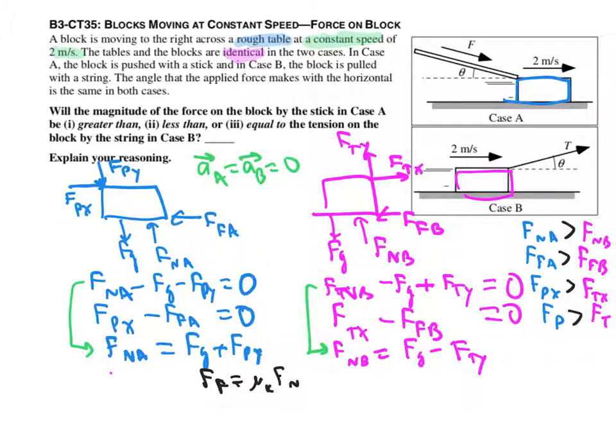And then, at long last, maybe I should use their symbols, so F is greater than T. So we find that the actual answer here is the force in case A is greater than the force in case B.